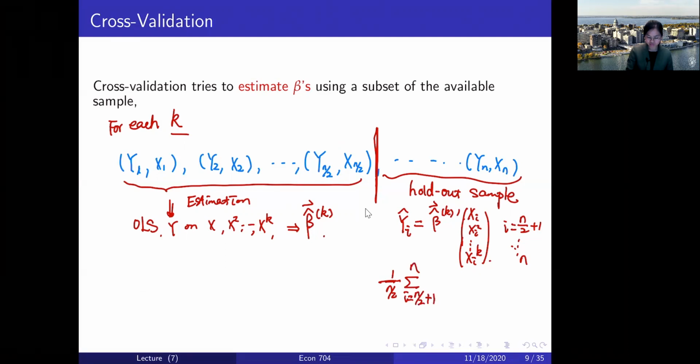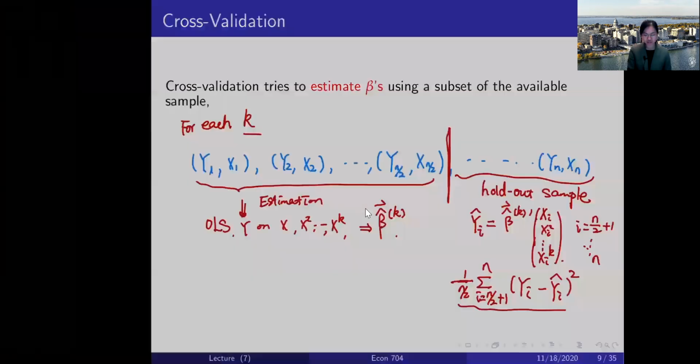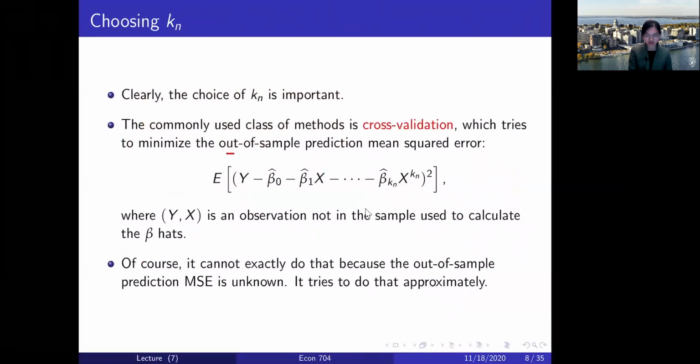For this sample, you have the actual yi, you observe their true yi. You also observe this estimated conditional mean, or predicted y. You have both for this sample, and you take the square. And that's an estimate for this out-of-sample prediction mean squared error.